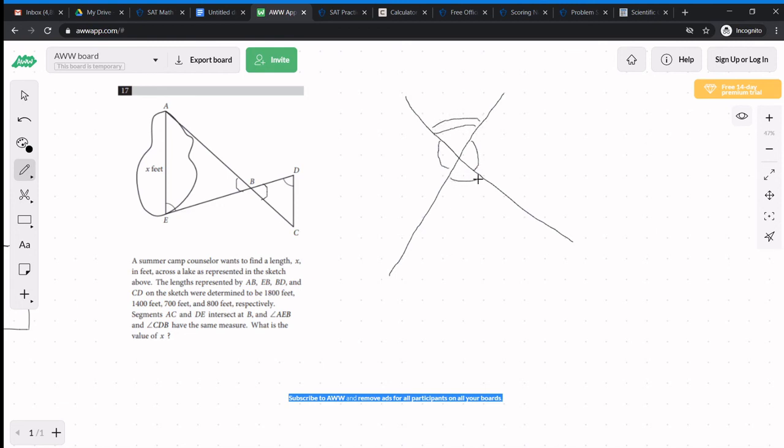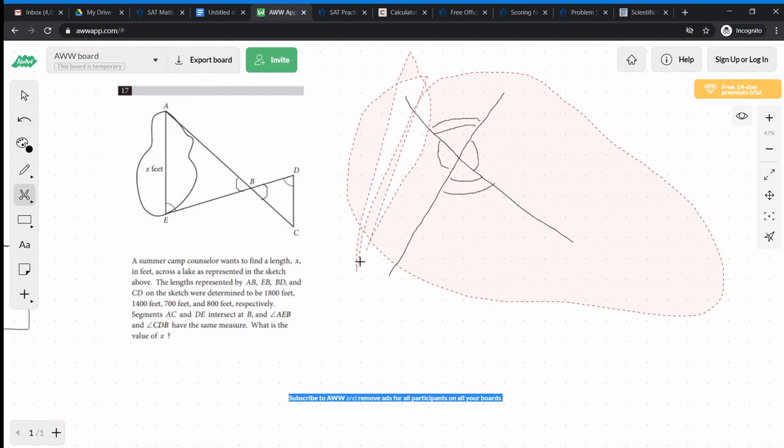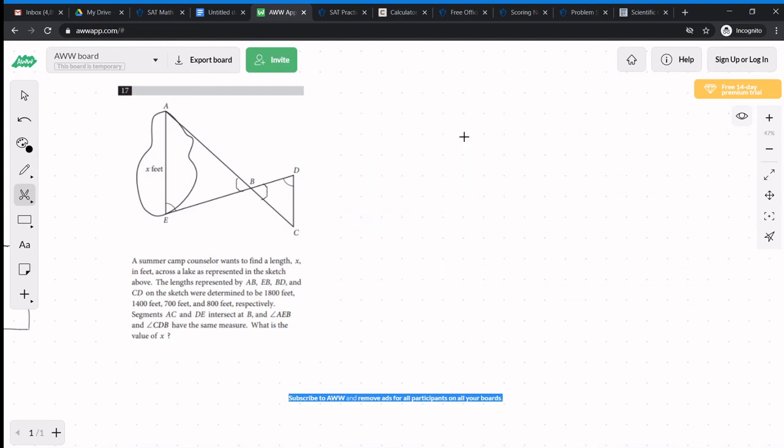So the ones opposite each other will always be congruent when 2 straight lines intersect. So these 2 will be congruent because they're on opposite sides.